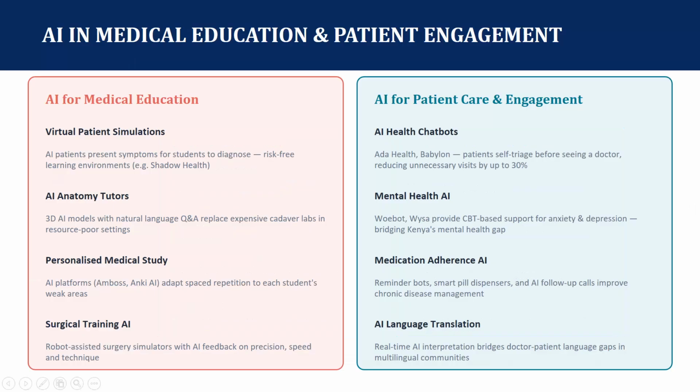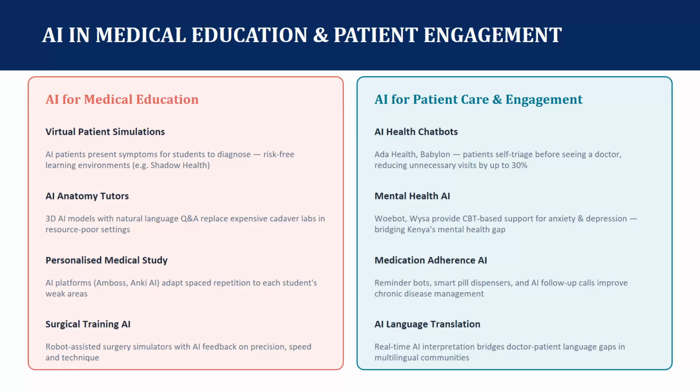Let's look at AI in medical education and patient engagement. For medical education, we have virtual patient simulations, whereby an AI patient presents symptoms for students to diagnose. We have Body Interact and Shadow Health. We have AI anatomy tutors.